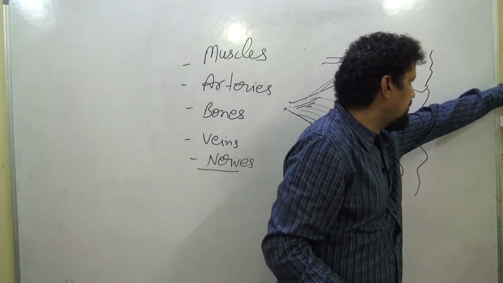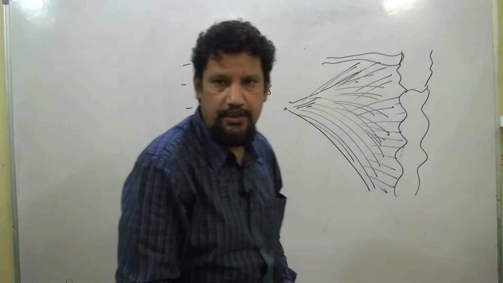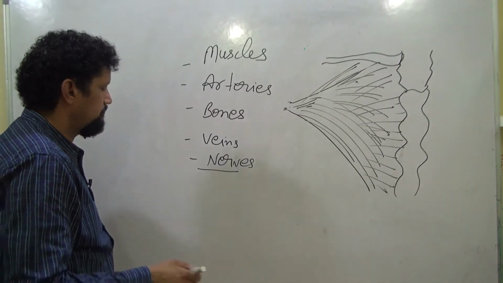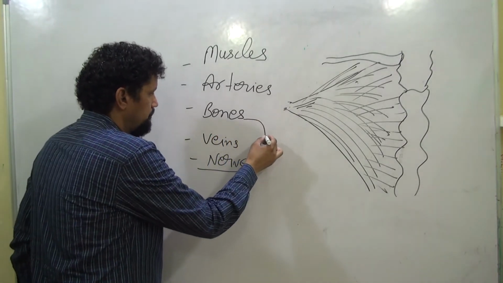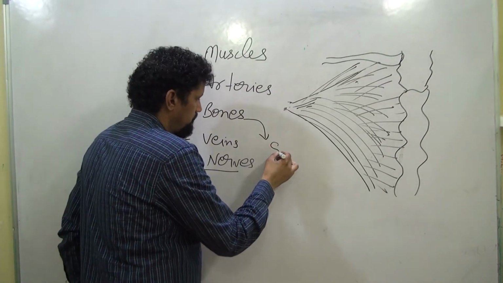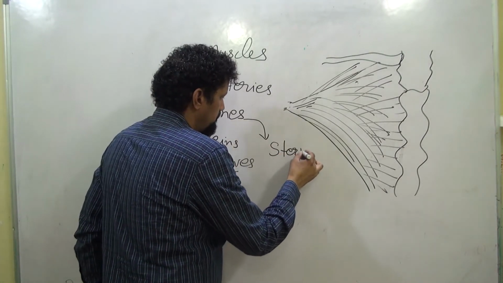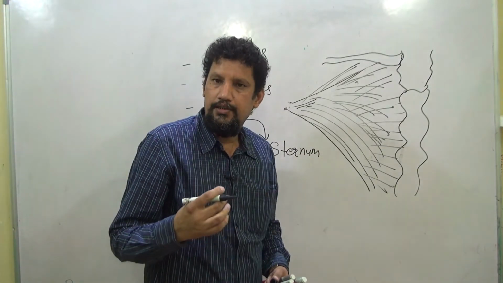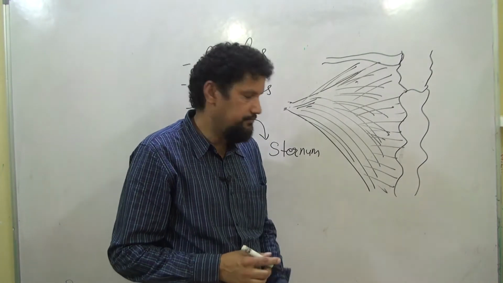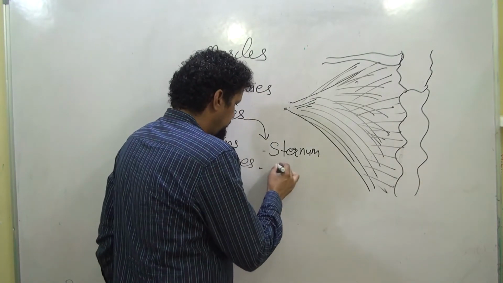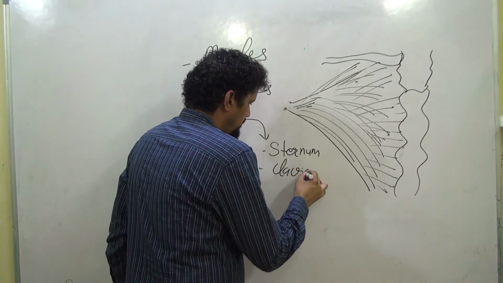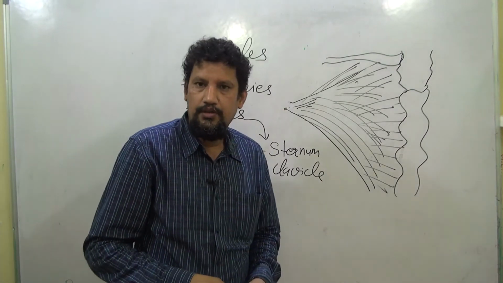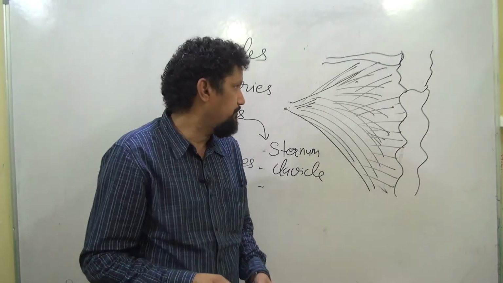So the structures under cover of the pectoralis major are the bones: the sternum, the anterolateral part of the sternum, the part of the clavicle, the coracoid process of the scapula.